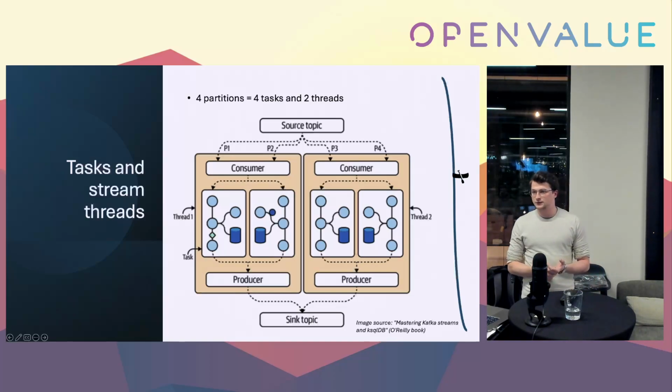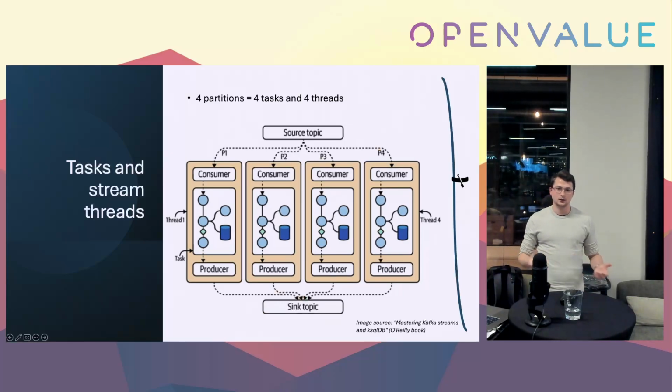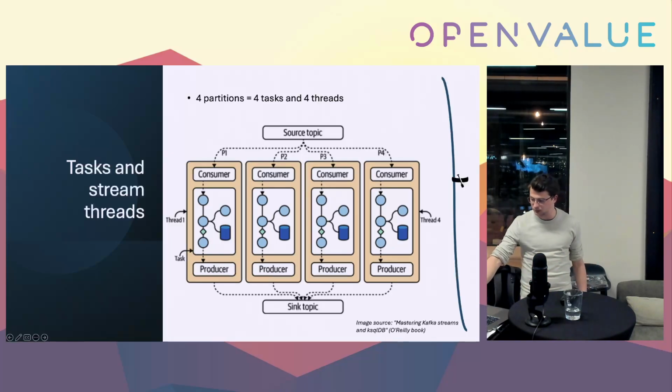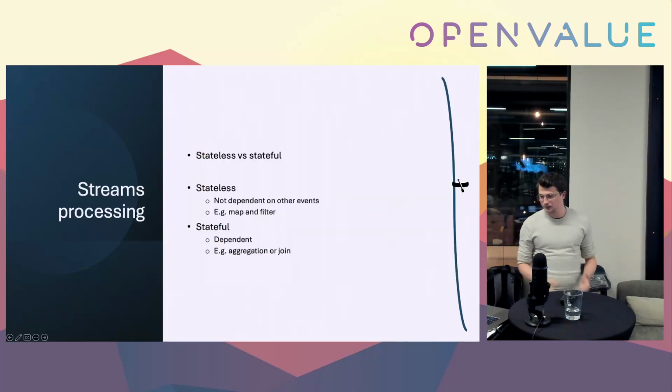All the data from partition 2 goes to the second task, then goes independently per record through these topologies and will then be produced to Kafka. And if you want to scale this up with 2 more threads, then you now see that Kafka Streams automatically gives one task per partition, so it scales that up automatically for you, and it then has one task per stream thread.